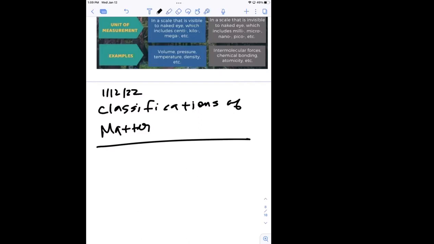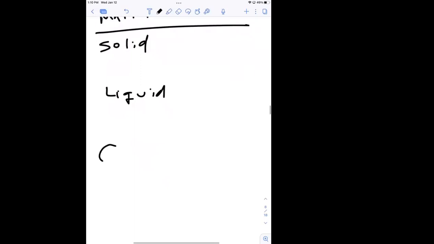All right. So let me ask somebody, can somebody tell me what the 4 phases of matter are? Is it solid, liquid, gas, and plasma? Excellent. You're exactly right. So solid, liquid, gas, and plasma.